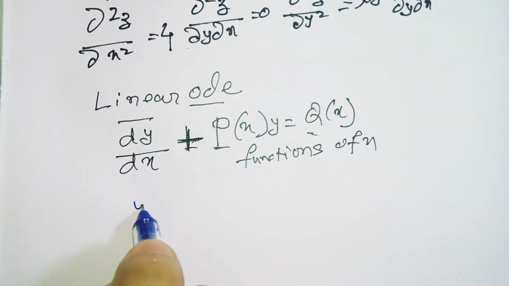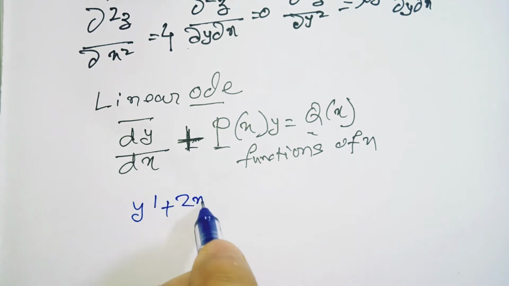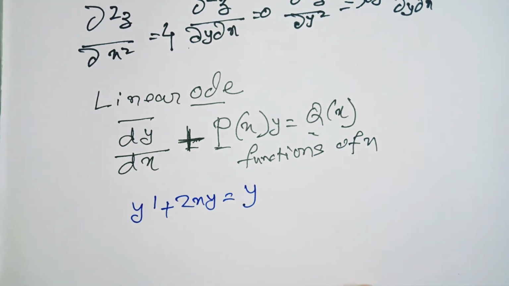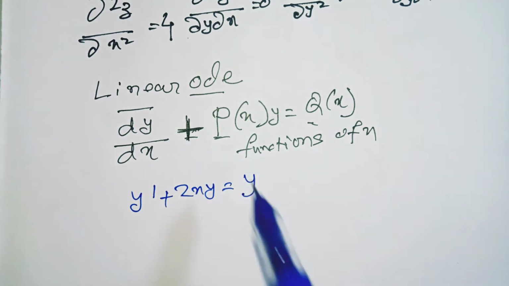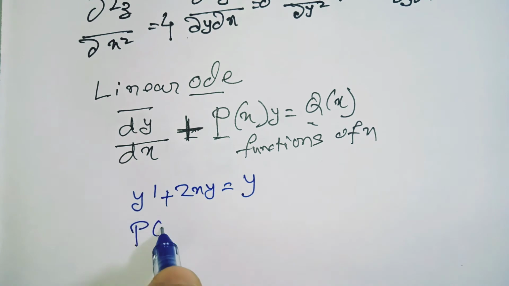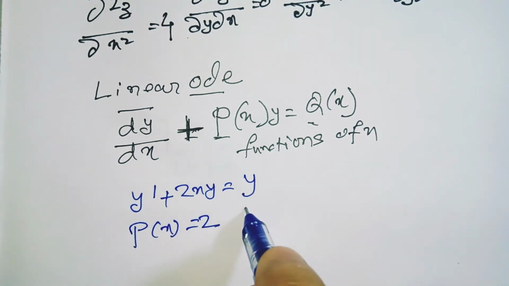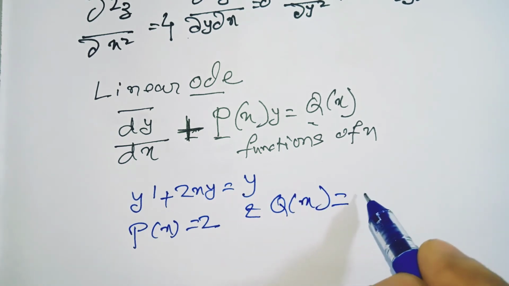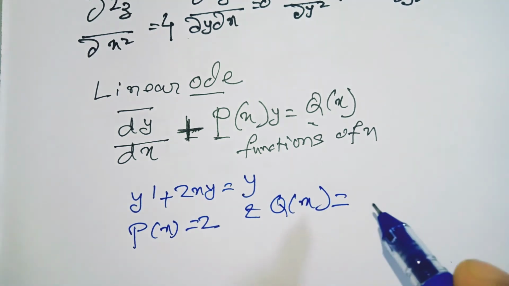Say y prime plus 2xy equals x. This is a linear ODE. So here I can write that p of x equals 2x and q of x equals x. I'm so sorry.